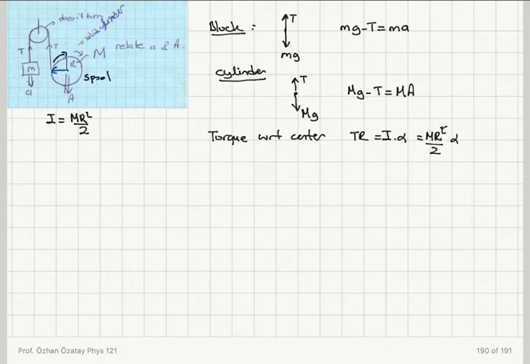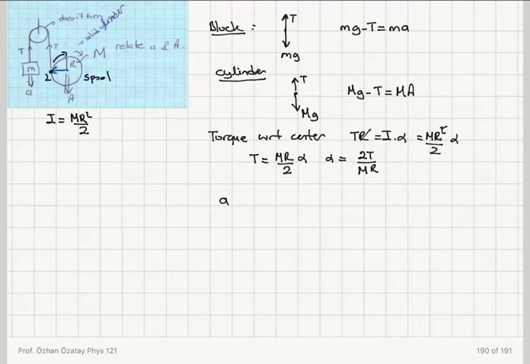is like this. R cross F is basically pointing into the page, and I'm getting one of the R's cancelled, and tension is equal to capital M R over 2 alpha. Or in other words, alpha is equal to 2T over capital M R. Now, what is the relationship between this alpha and small a?